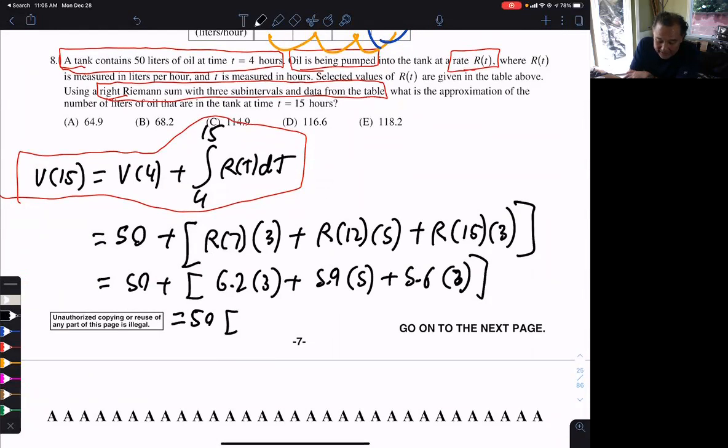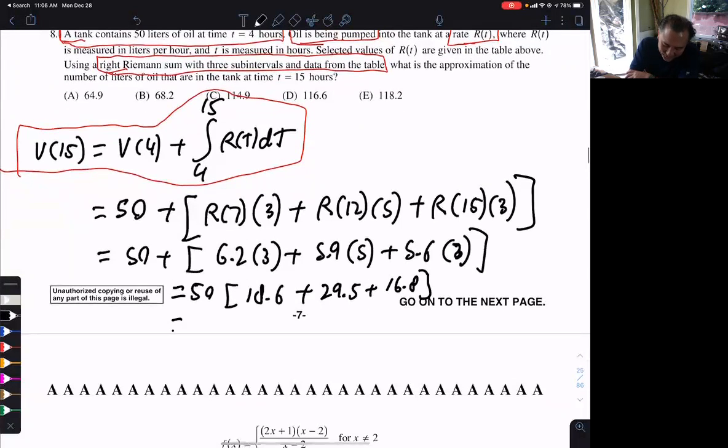Multiply that, 18.6. What is that, 29.5? I'm hoping I'm adding these right in my head, or multiplying. 16.8. Is that right? Correct me if I'm wrong. Wow, I have to add all these up? Okay, I'm going to do 2 at a time because I'm not smart enough to do it all at once.